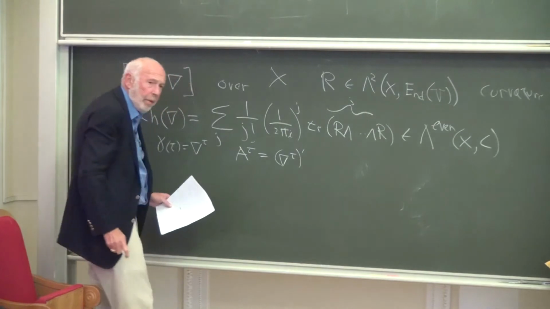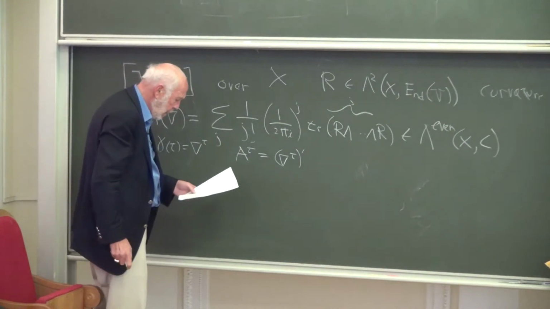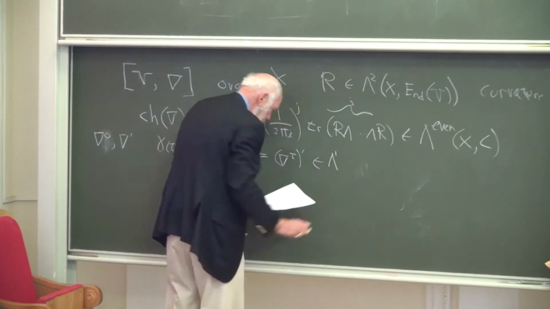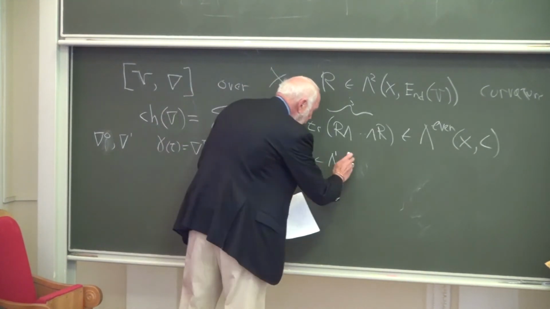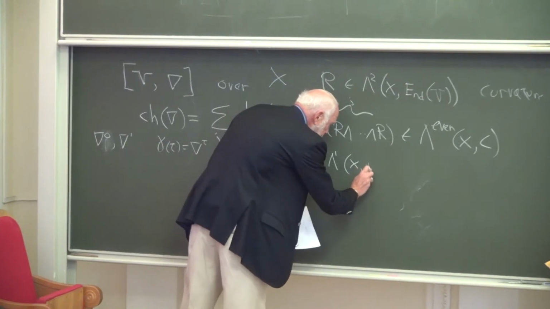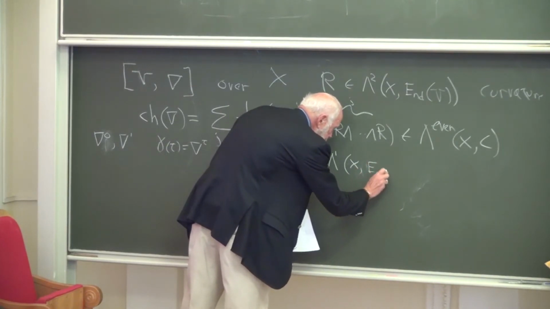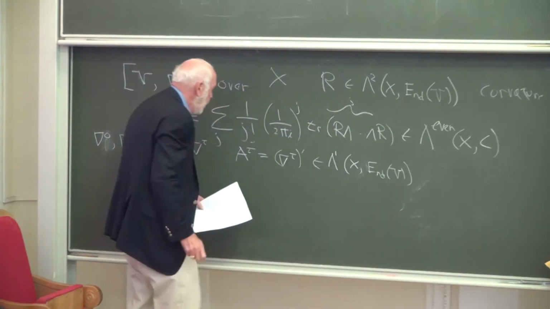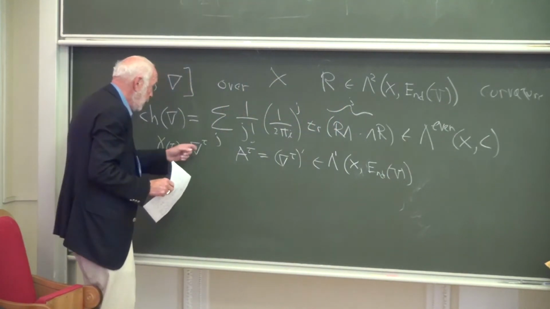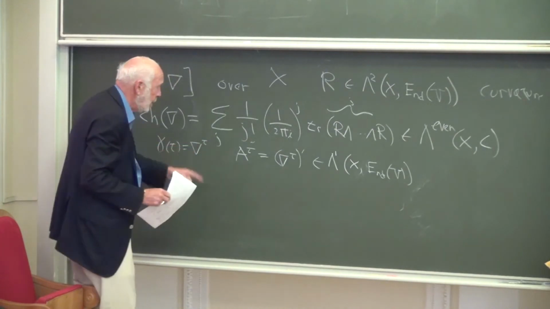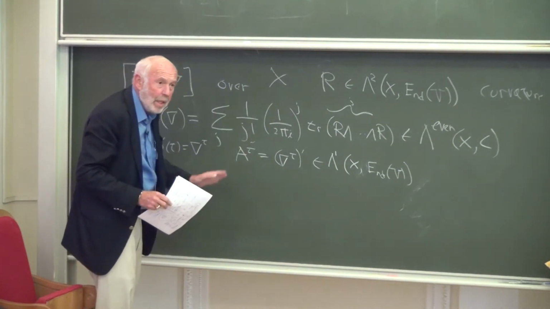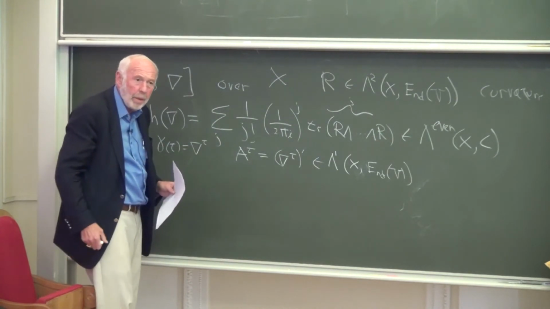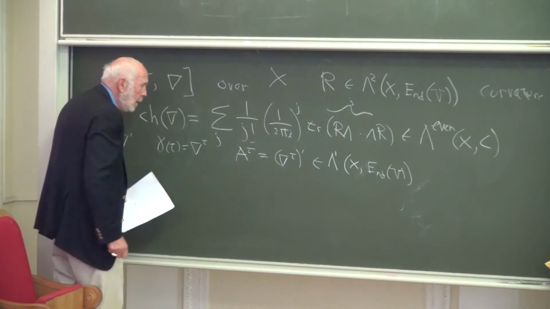So you take a derivative of this family of connections, and that's an element in wedge 1 of X with coefficients in endomorphisms of V. So when you differentiate a family of connections, you get one of these. Some of these symbols are going to look like the symbols that Fadeev talked about before, so it's vaguely familiar.